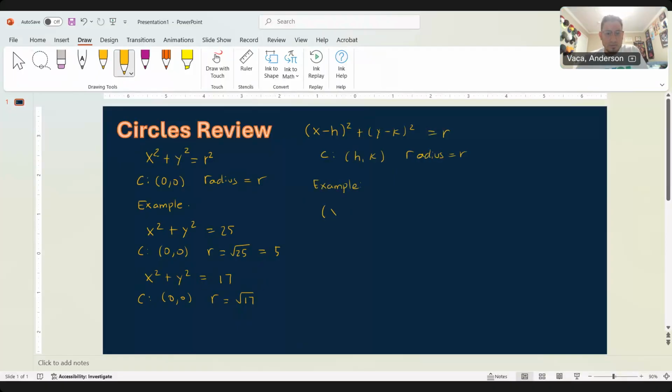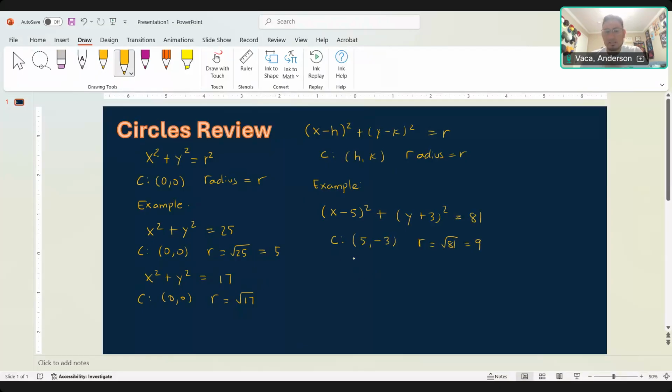So if we have, let's say, the equation x minus 5 quantity squared plus y plus 3 quantity squared is equal to 81. This is the equation of a circle that is centered at 5, negative 3 with the radius of the square root of 81, which is equal to 9.